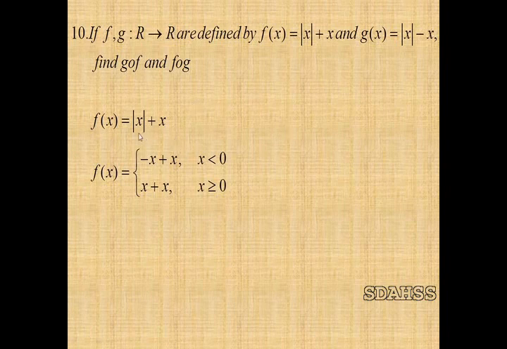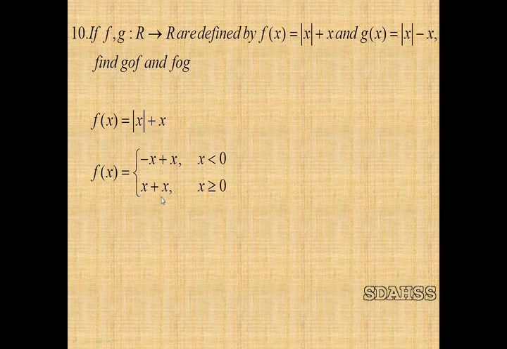Now in the place of modulus of x, you have to replace minus x. Minus x means x less than 0: minus x plus x. Then plus x means x greater than or equal to 0: x plus x.